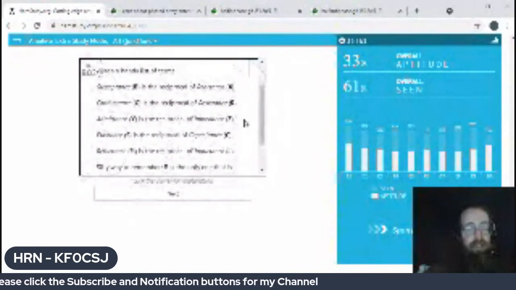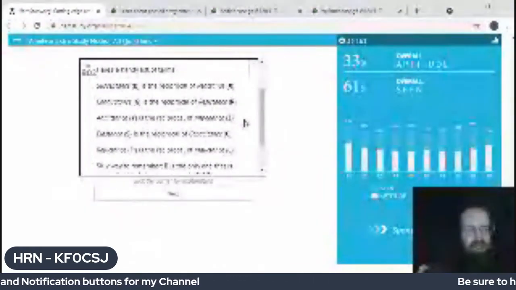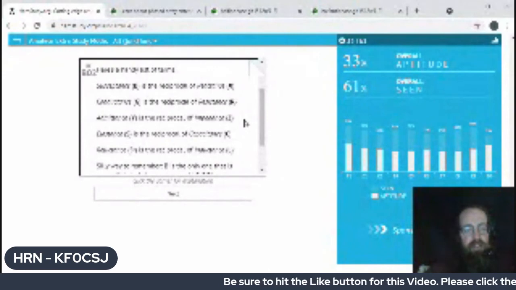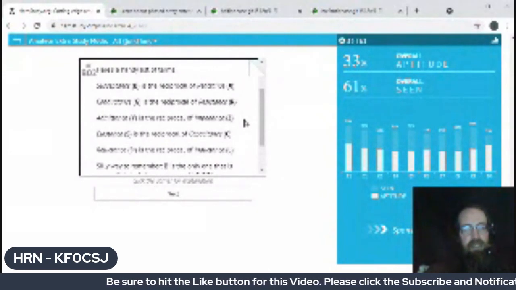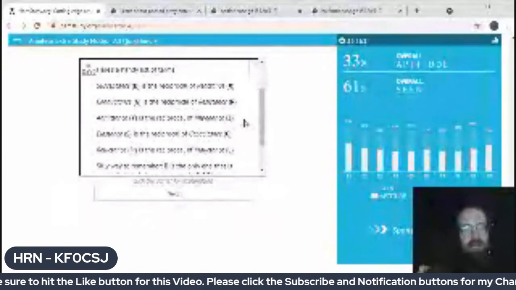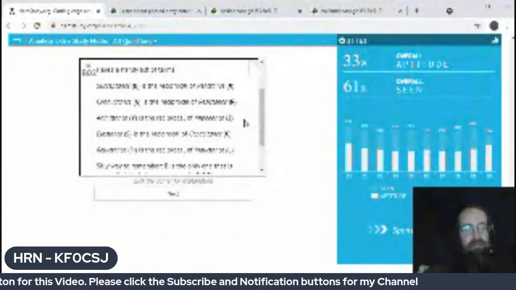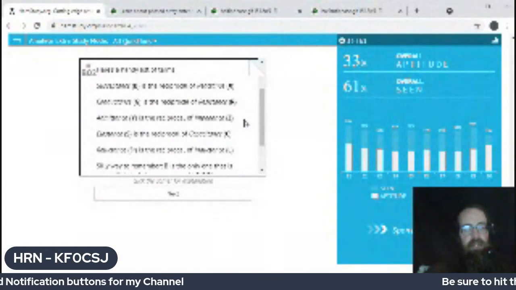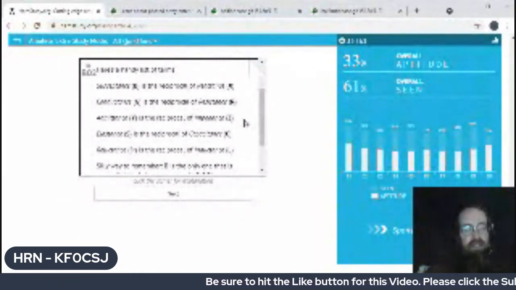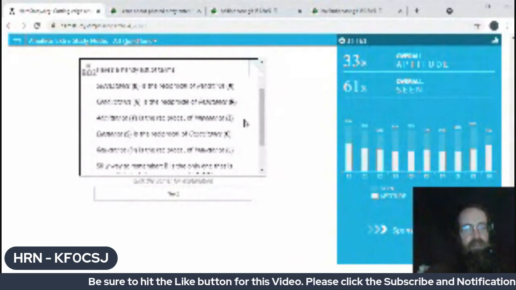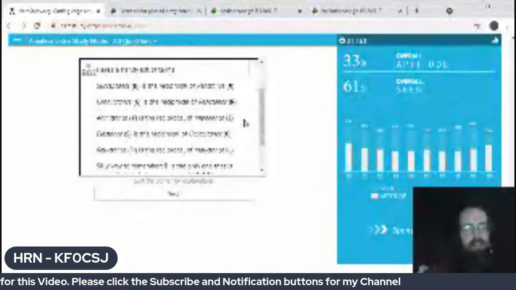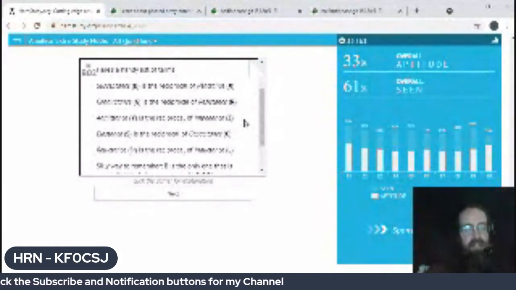For those watching on Team Replay, if you want to take a look at all these terms: susceptance is B, which is a reciprocal of reactance, which is X. Conductance is G, which is a reciprocal of resistance R. Admittance is Y, which is a reciprocal of impedance Z. Elastance is S, which is a reciprocal of capacitance.